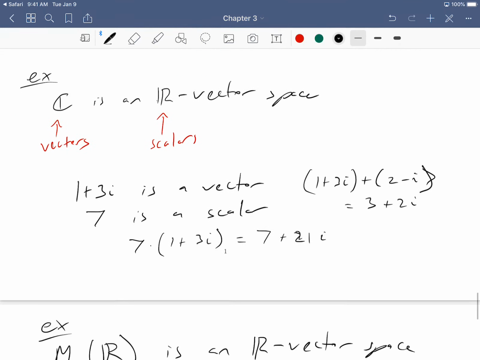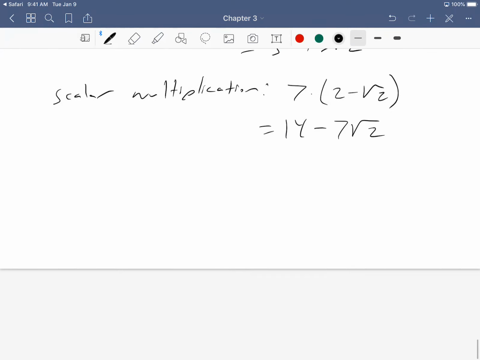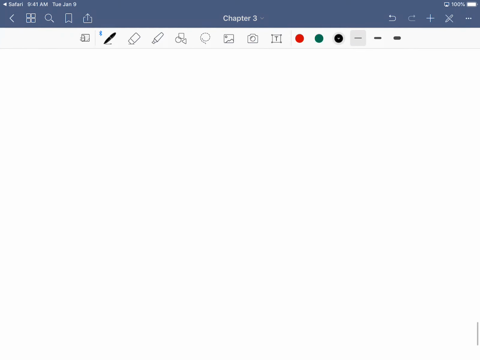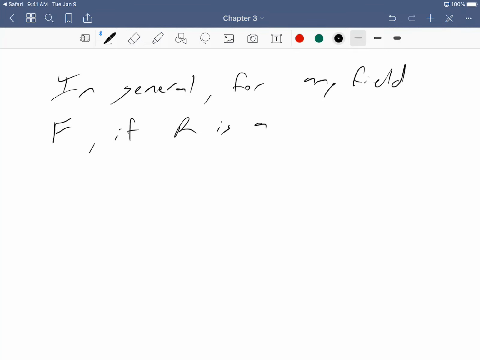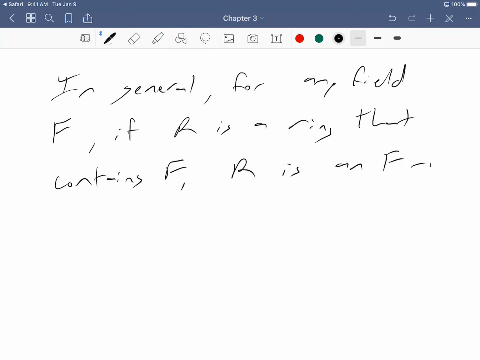So now you might suspect where I'm going a little bit with this, but in general, if F is any field and R is a ring that contains F, then R is an F vector space.